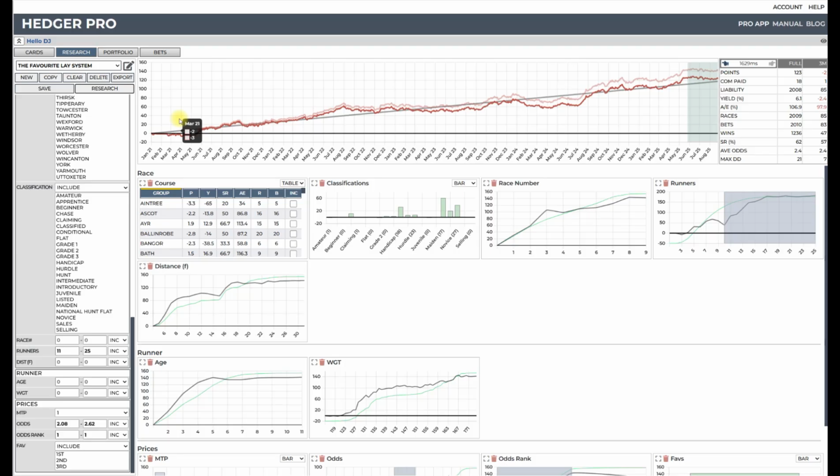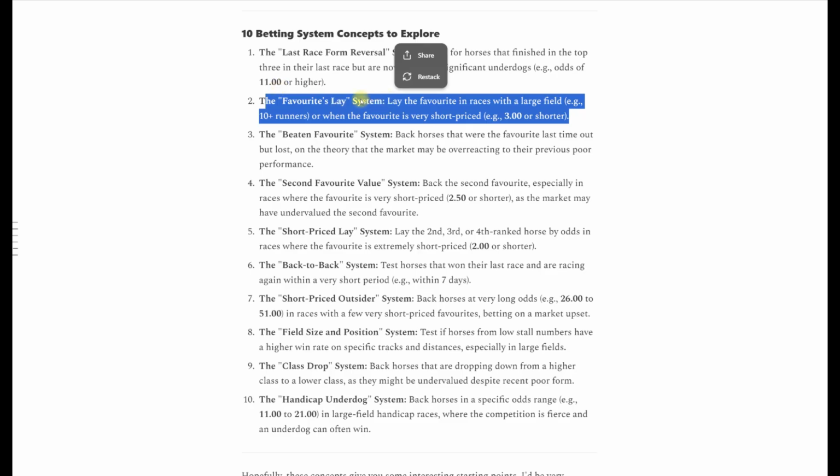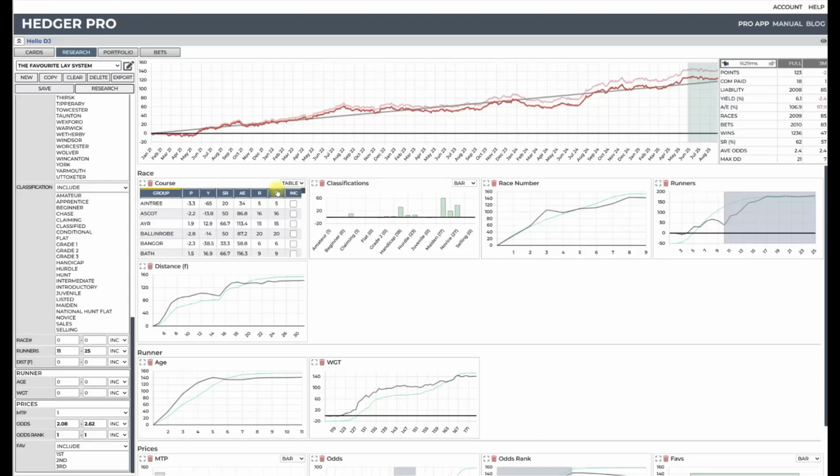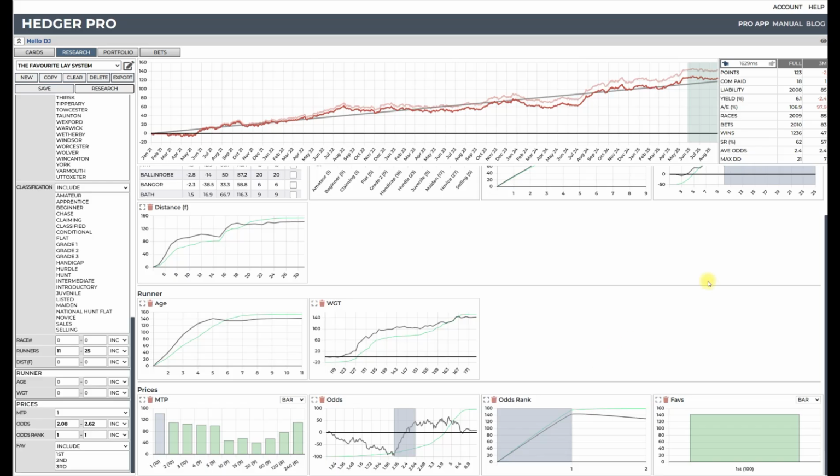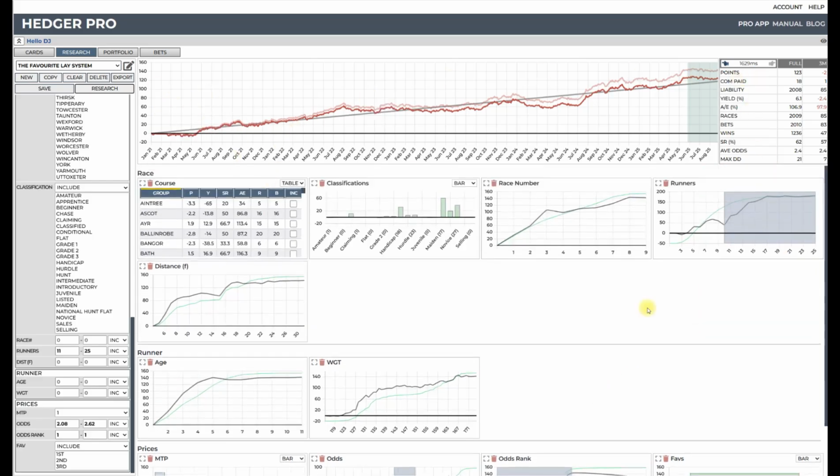And when it comes to building systems around that, it makes it much easier to then get systems and ideas and build around it and avoid duplicate bets, i.e. a back going on a lay, or two backs or two lays going on the same horse, etc. Anyway, I digress. So this concept of lay the favourite, large field, 10 runners or plus, this is how it looks overall, and it's amazing Hedger Pro gives you the facility to check this so quickly.